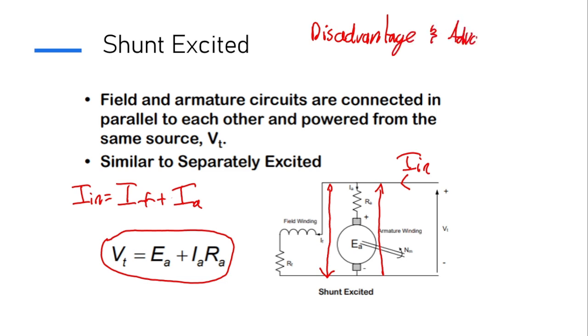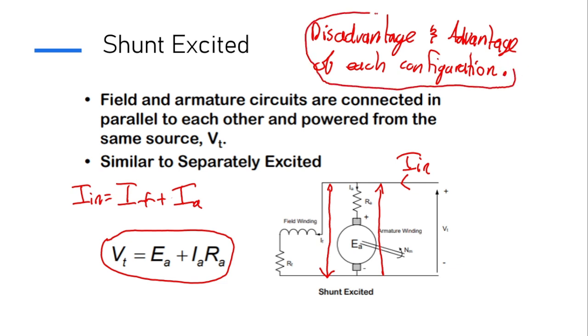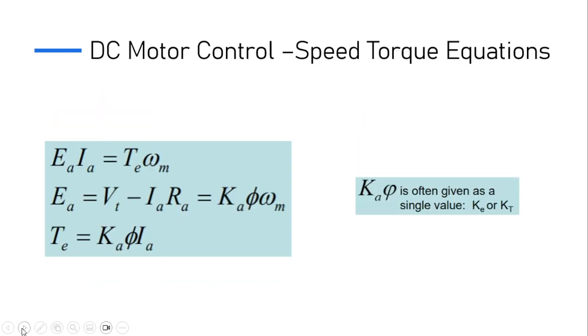Because he could bring a question to state the advantages and disadvantages of shunt versus separately excited or something like that. You never know. So let's know those. Obviously, it'll be too much to put in the slides, but let's memorize like three, and the differences between them, obviously.